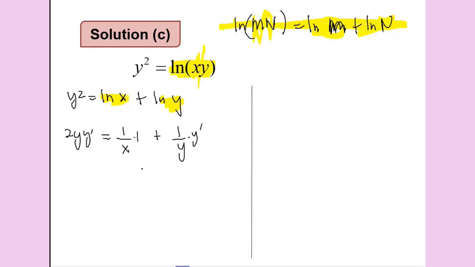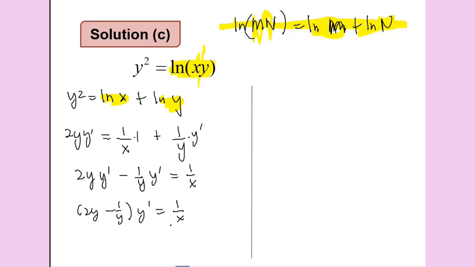Okay, and then adjust bawa ke sebelah 2y prime minus 1 over y prime is equal to 1 over x. And then factorize ini 2y minus 1 over y prime atau dy dx, 1 over x.